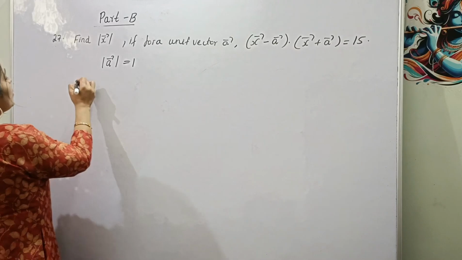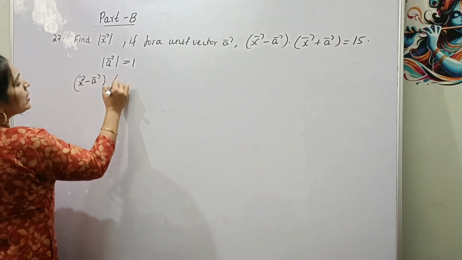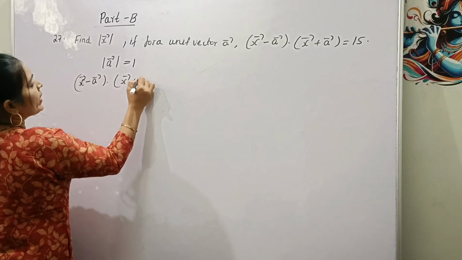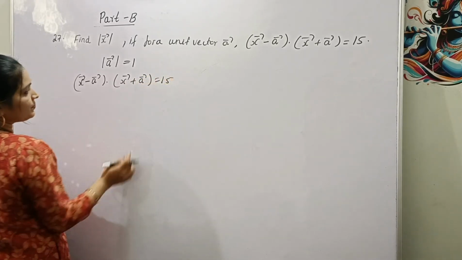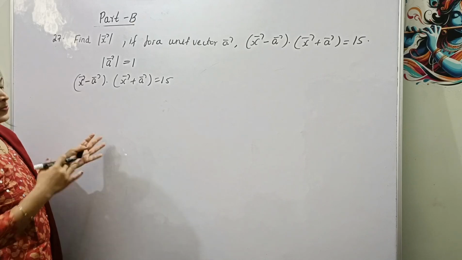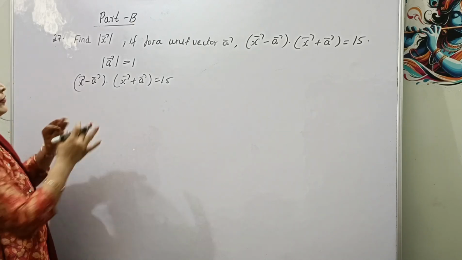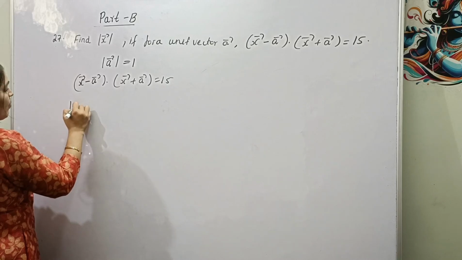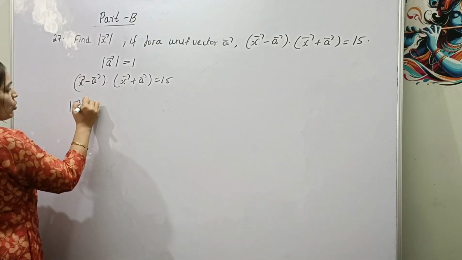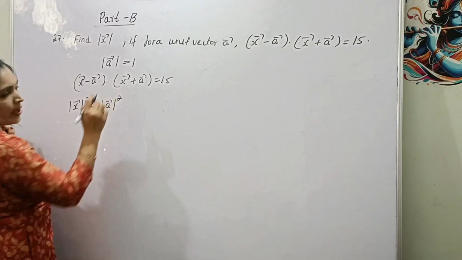Okay. Now, (vector x minus vector a) dot (vector x plus vector a) is equal to 50. So here, (x minus a) into (x plus a) is x square minus a square. In vector form, we can write modulus of vector x whole square minus modulus of vector a whole square.